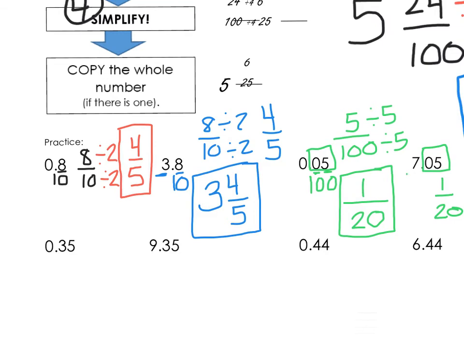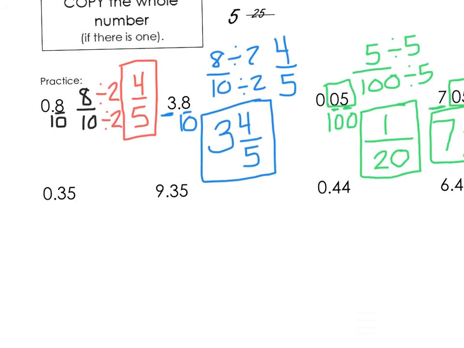But here we have to remember to copy the whole number in front. So we have to put the 7 in front of the 1/20 for 7 and 5/100. If it's 0 and 5/100, it would just be 1/20. But 7 and 5/100 would be 7 and 1/20.